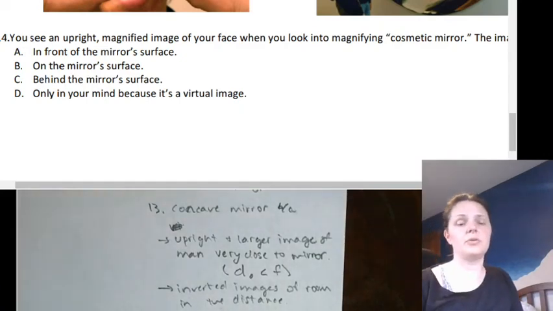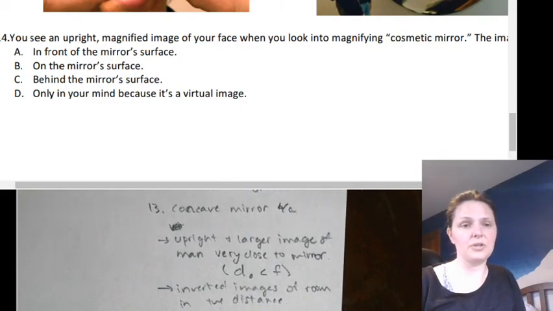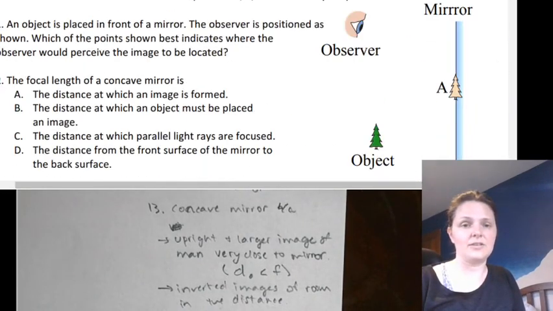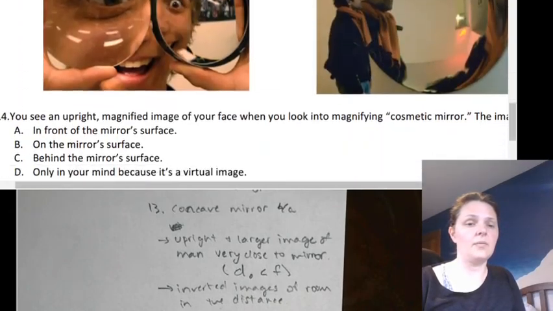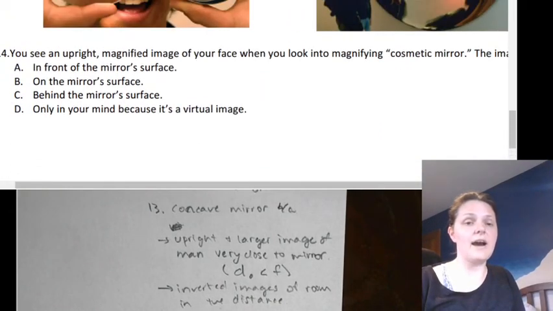This would be true for any mirror, but I guess I will return you all the way back to question 1, right over here, where we say that the object is in front of the mirror. The image of the object is always going to be behind the mirror. So if we come back here, we don't need to even figure out what kind of mirror this is, right? The image is behind the mirror surface.